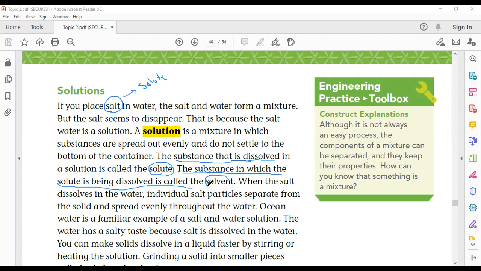Solute and solvent. In most solutions, the solvent is water. In the previous example, water is the, complete. Water is the solvent. The solvent, yes.